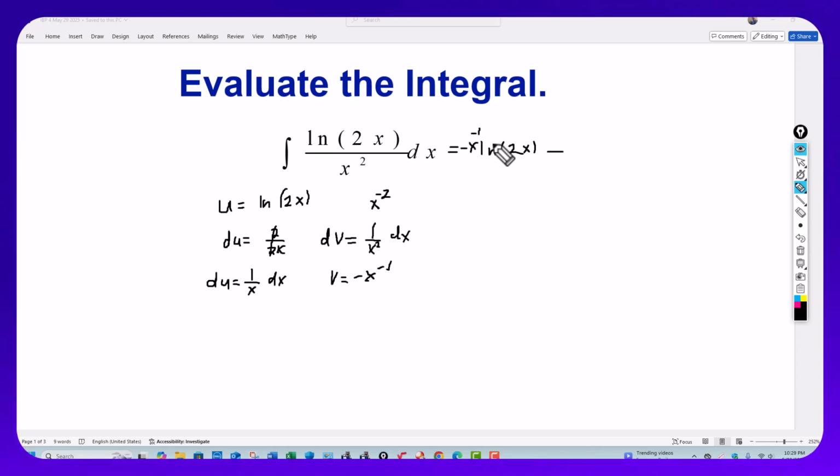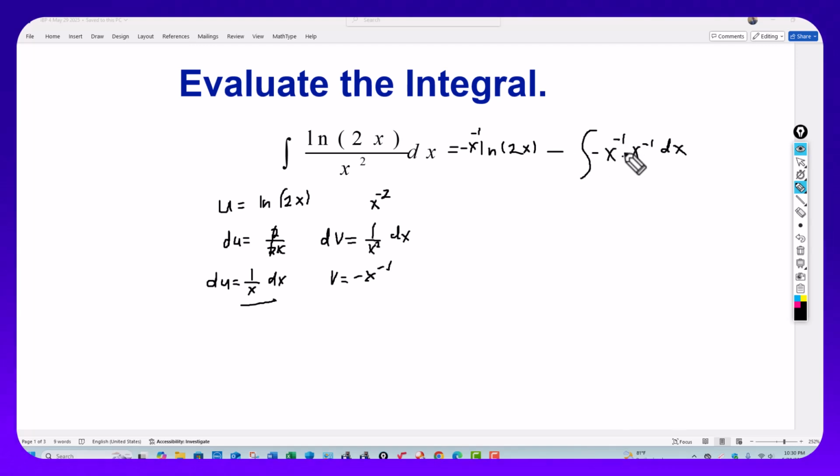I have it in a different order, but it doesn't matter whether I put it as vu or uv. Then it's minus, in the formula, minus v, and v is minus x to the negative 1. And that's multiplied by du, which is 1 over x. I'll write it as x to the negative 1. And then it's the dx here.